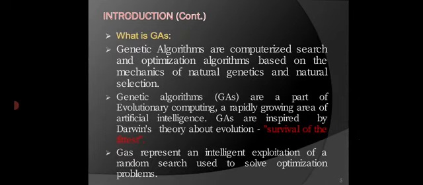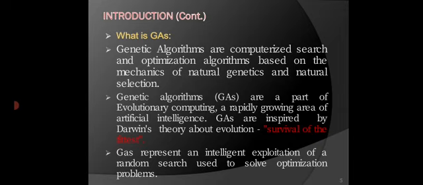Now, what is GA? Let's see the introduction of GA. Genetic algorithms or GA are computerized search and optimization algorithms based on the mechanics of natural genetics and natural selection. So it is an optimization algorithm method based on natural genetics.